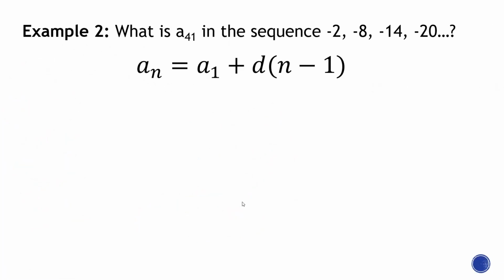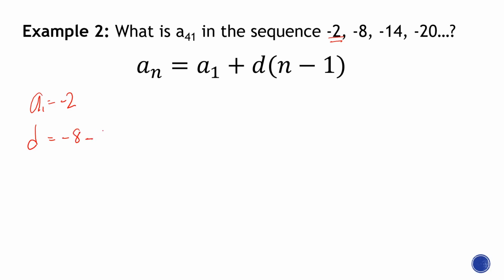What is a_41 in the sequence negative 2, negative 8, negative 14, and negative 20? Here, again, just like what we did earlier, first we need to know the first term, which is obviously negative 2. Next is d, which is the common difference of the sequence.